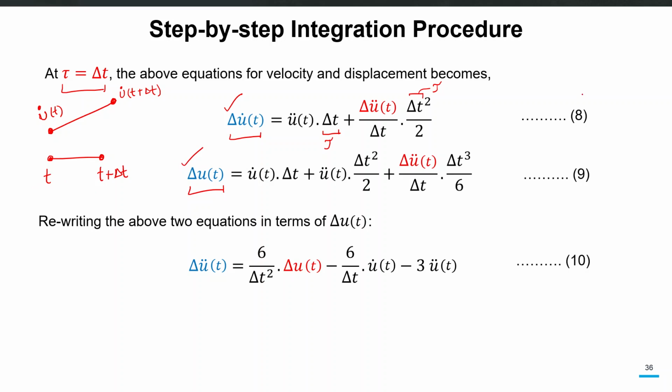But in order to solve equations 8 and 9, we need to know the value of delta u dot dot, this one. This is the delta u dot dot. The time increment is already known. The values of velocity and acceleration at time t are also known.